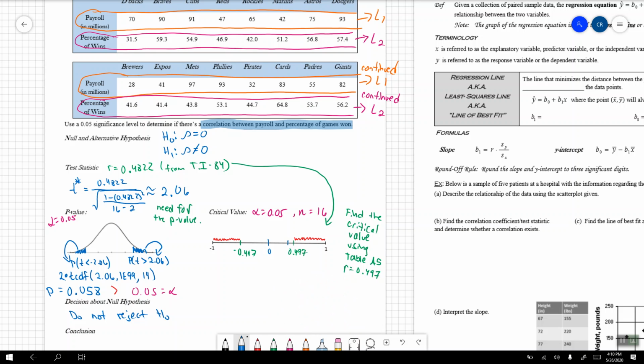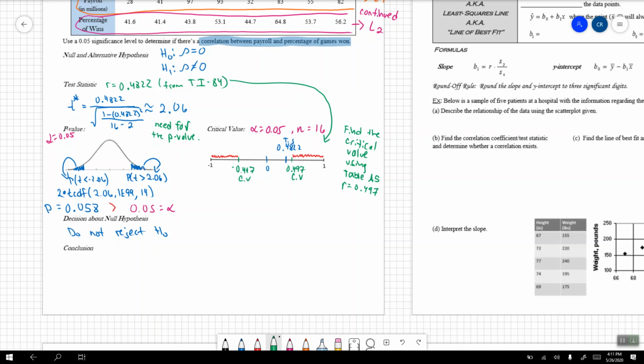That value is right below. It does not fall within that quote-unquote friend zone or that critical region, which means we fail to reject, or in this case, we do not reject.